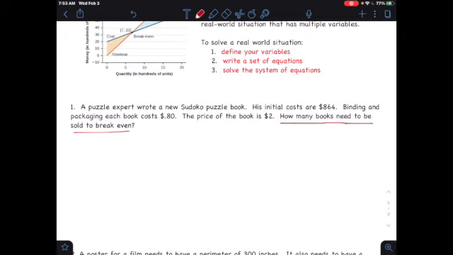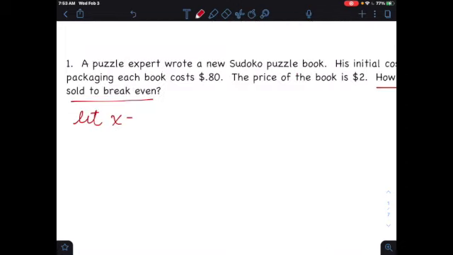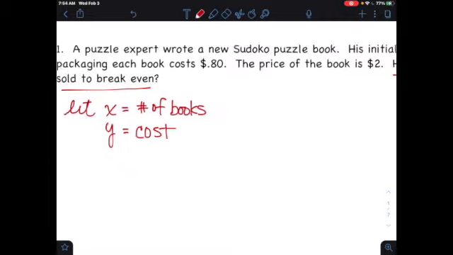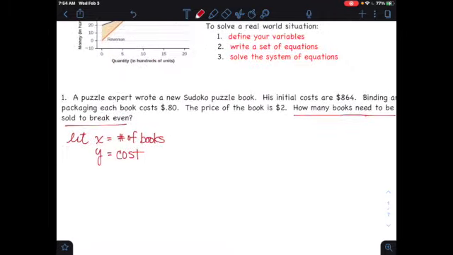So the way to set it up: let x equal the number of books, because if we figure out x, we have the answer. And then y equals the cost of everything. If they are evened out, then we found our break-even point. The number of books we don't know, but the price of the books we are trying to make is 2x.